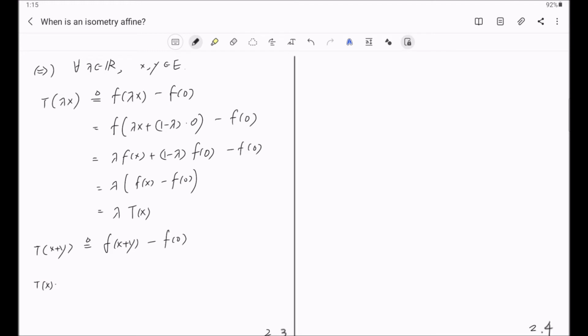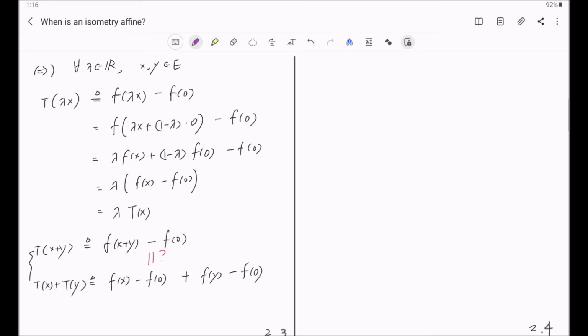And T of x plus T of y by definition is f of x minus f of 0 plus f of y minus f of 0. And we want to prove that they are equal.